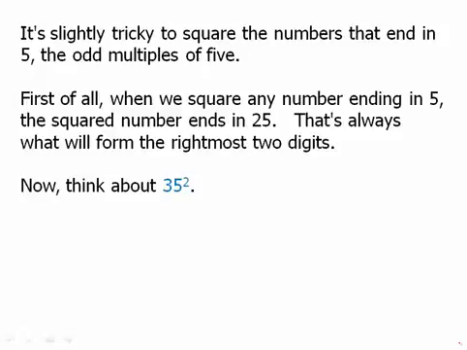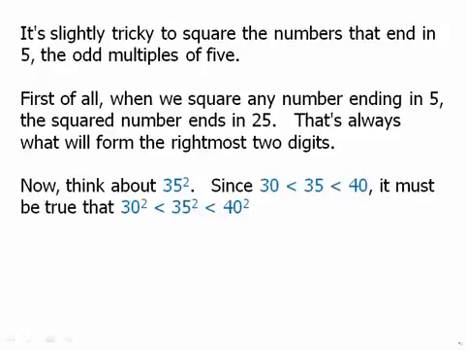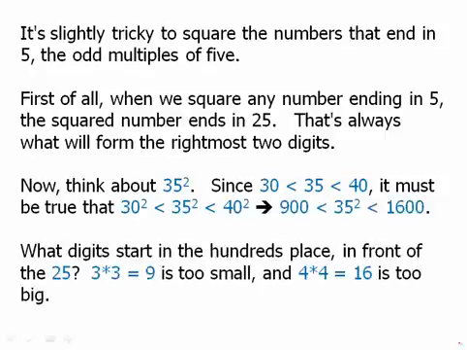Now think about 35 squared. Since 35 is between 30 and 40, it must be true that 35 squared is between 30 squared and 40 squared. So in other words, 35 squared would have to be between 900 and 1600. So think about the digits. What digits are in the hundred place in front of the 25?